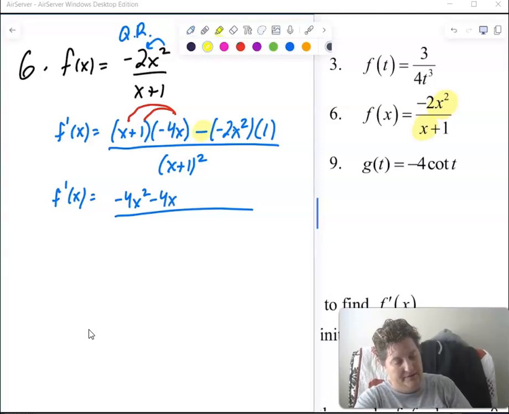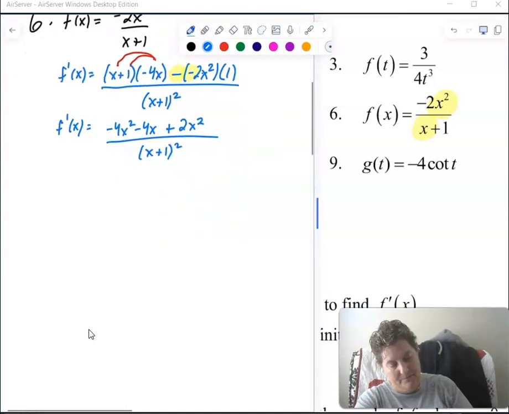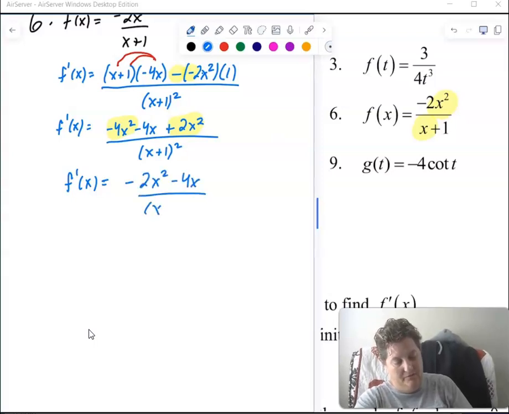And then a negative times negative is positive, that's positive squared. If I combine these terms, I get negative 2x squared over x. That's a perfectly fine way to write it.